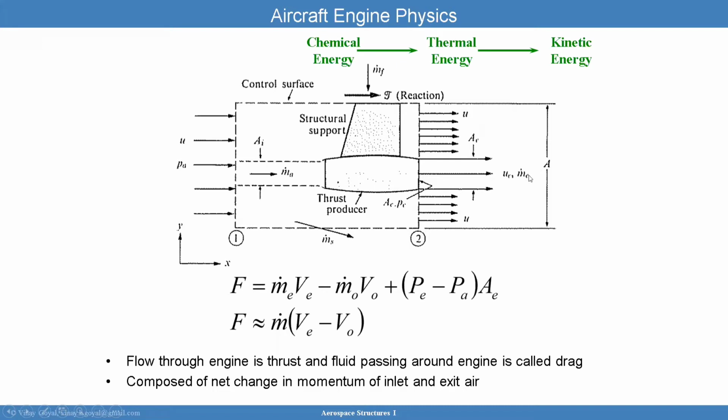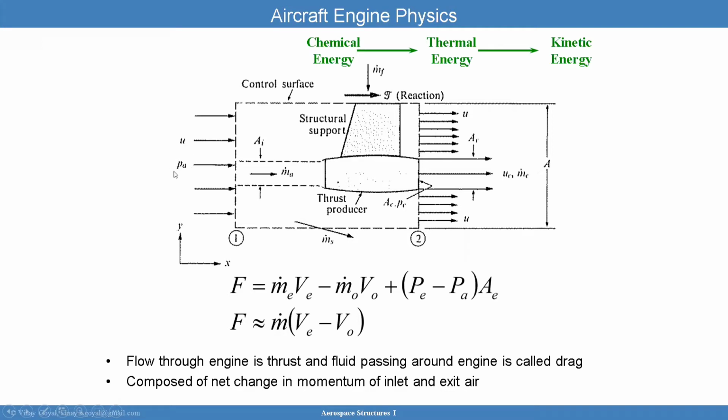You also have the mass flow m dot of the expelled mass. And U here is the flow velocity of the mass being expelled, but I'll call it VE. And again on the outside, you have the velocity of the aircraft and the atmospheric pressure.